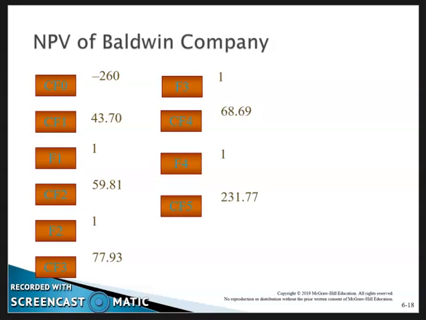And then finally, CF5 is 231.77. Then we enter I at 10% and NPV and compute. Slow motion there. So we get our 78.53. So that's the end of the Baldwin Company.